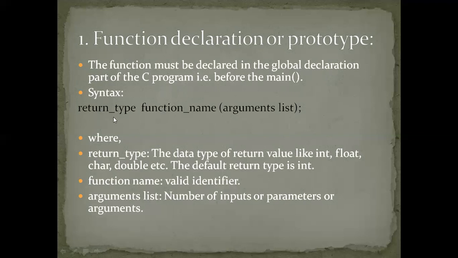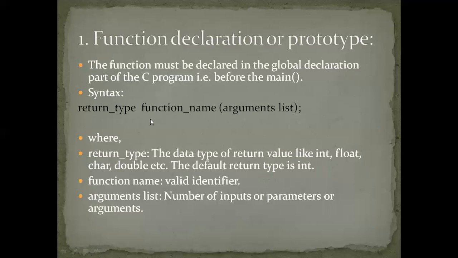The syntax for function declaration is return type, function name, argument list. Here the return type can be the data type of the return value like integer, floating point, character, double, etc. By default, the return type is integer. The next is function name. Function name is a valid identifier.